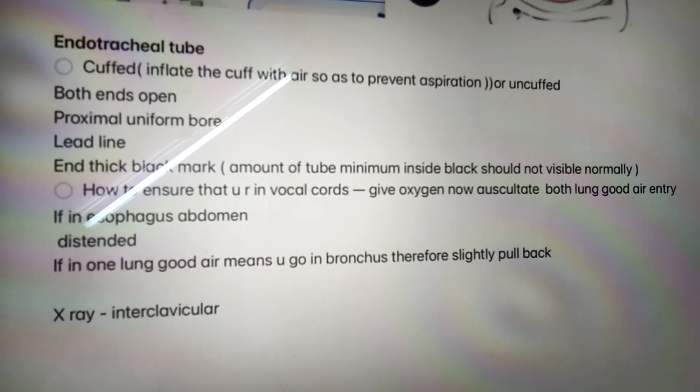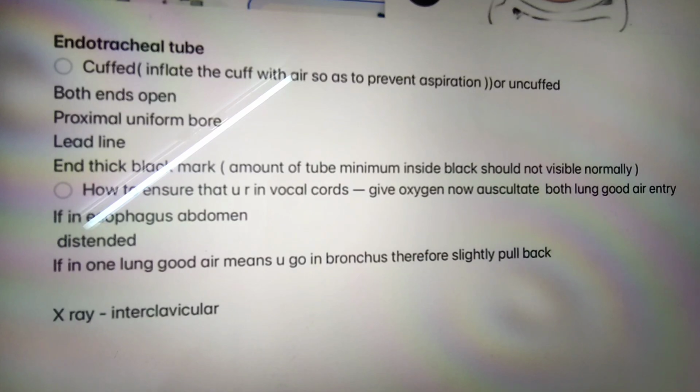Okay, how to ensure that you are in the vocal cords? Give oxygen, then auscultate, as we do in the case of insertion of the Ryle's tube to confirm that it enters the stomach. There we give air only, right? Here we give oxygen, and now auscultate both the lungs.